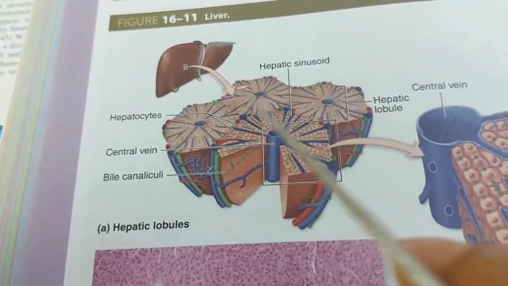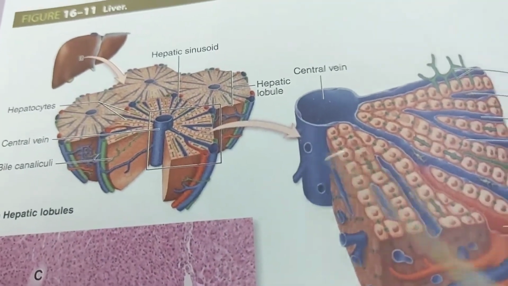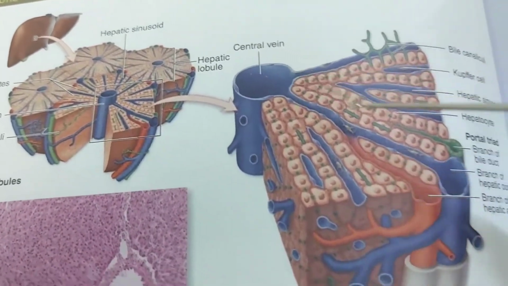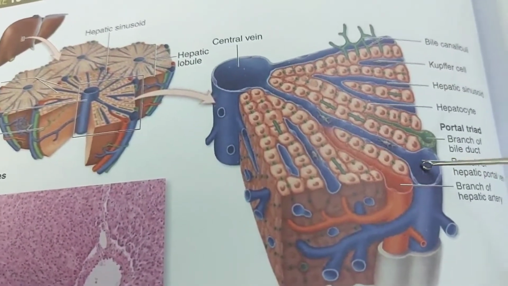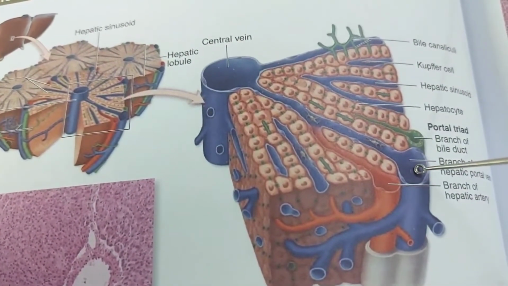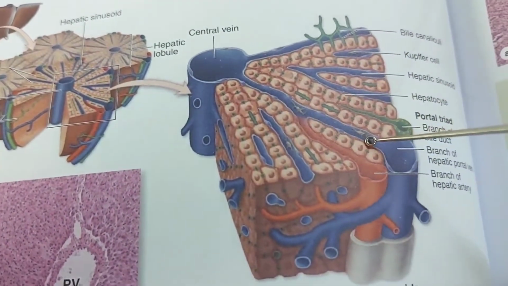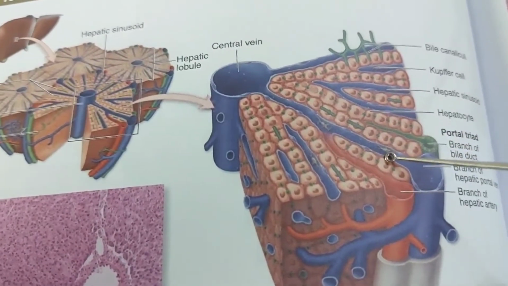These are the stroma, and these hepatocytes are the parenchyma, and the vein that connects the central vein to the hepatic vein, to the portal vein, is known as the sinusoids, the hepatic sinusoids.